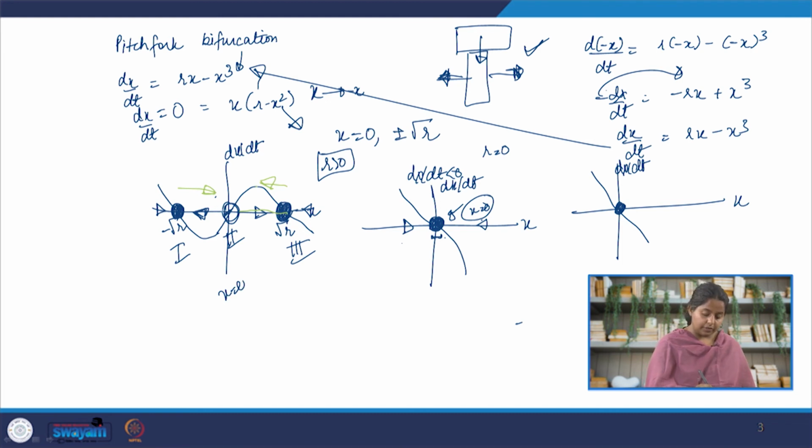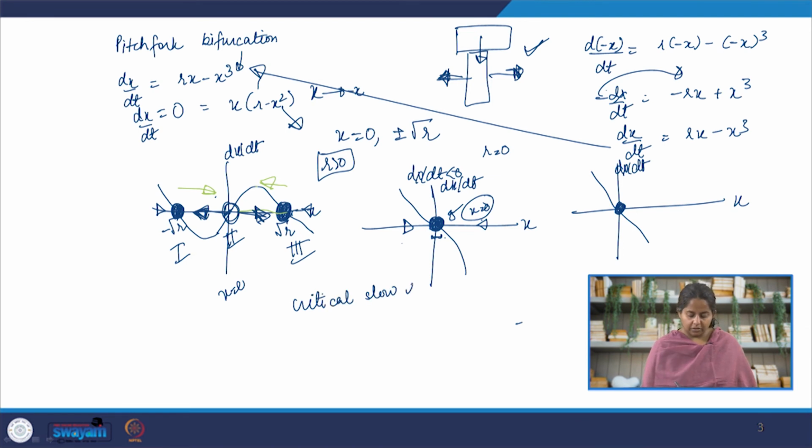So what it is doing is repelling x away from it. So if x in the neighborhood of x equal to 0 is negative, it will be repelled to minus under root r. If it is positive, it will be repelled to under root r. However, as these two fixed points start approaching, this repulsion starts slowing down critically. So there is a critical slowing down.